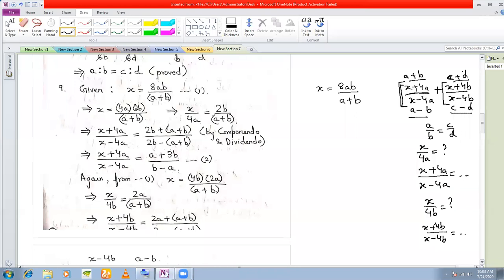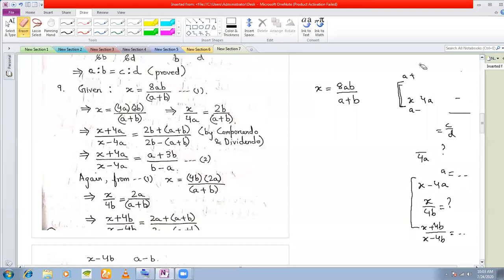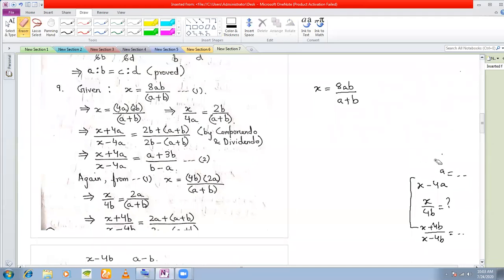Now you add up these two to get your answer, because you have to find out the value of x plus 4a by x minus 4a plus x plus 4b by x minus 4b. So let us try to find out x by 4a from the given proportion. X is equal to 8ab by a plus b.